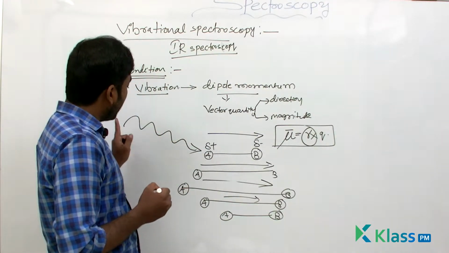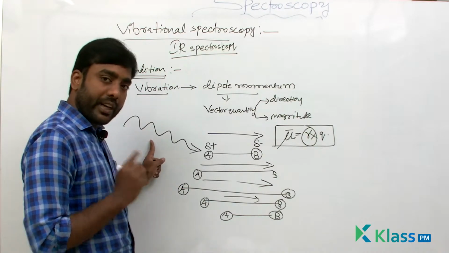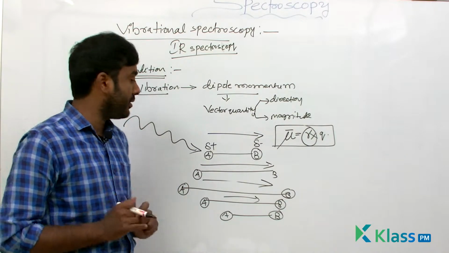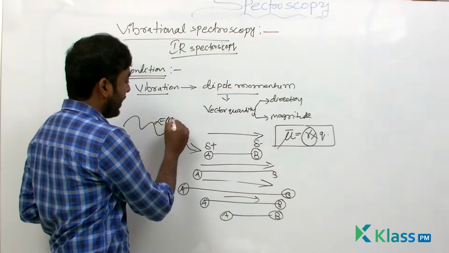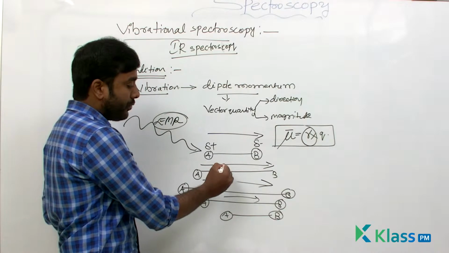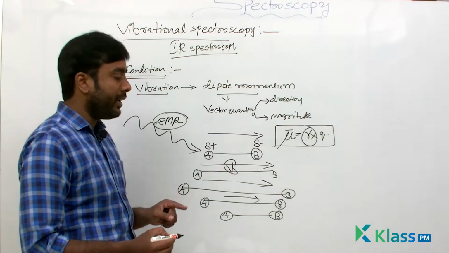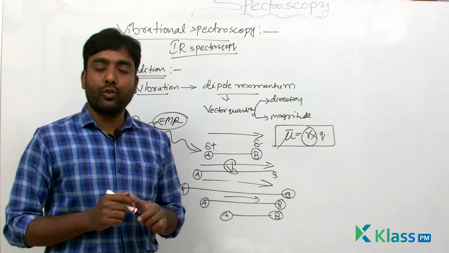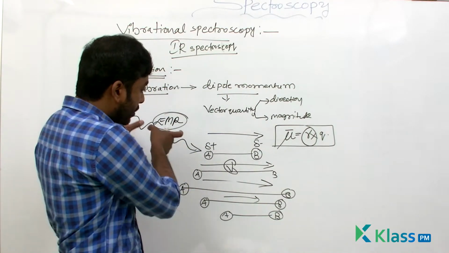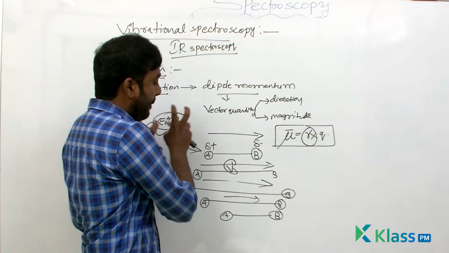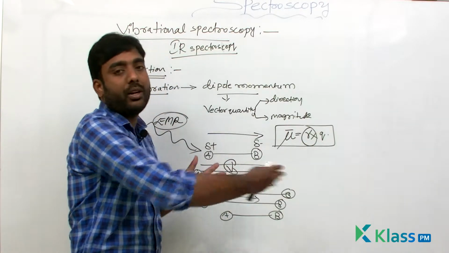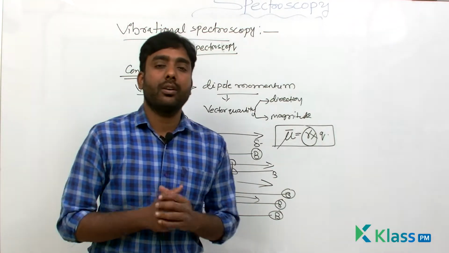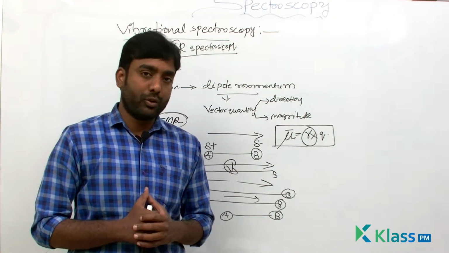If this electromagnetic radiation frequency and this oscillation frequency match, then this absorption can be seen in IR spectroscopy. Because the IR frequency can be matched with these vibrational frequencies, it is absorbed in the region of IR, so it is called IR spectroscopy.